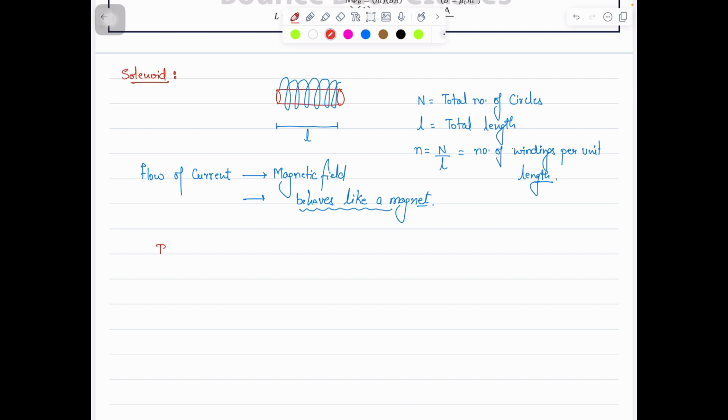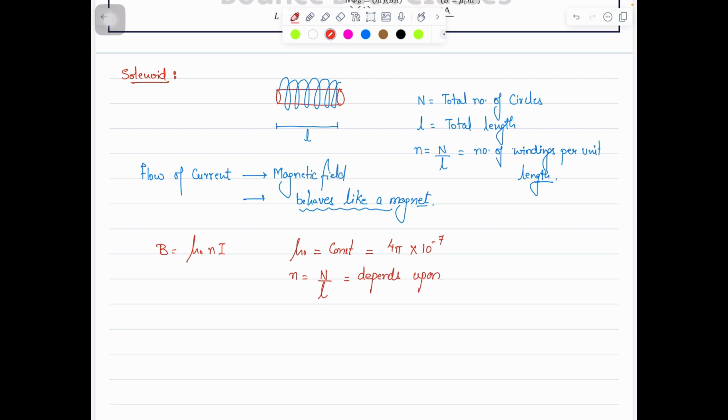So what is the magnetic field of a solenoid? B equals mu naught n I. Try to understand. Mu naught is a constant whose value is 4 pi times 10 raised to the power negative 7. This is a constant value, no need to worry about it too much. n, I told you, is capital N by L. It depends upon the number of turns.